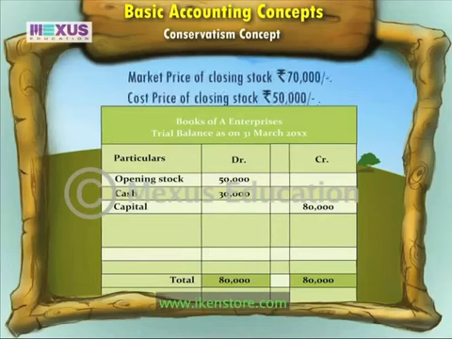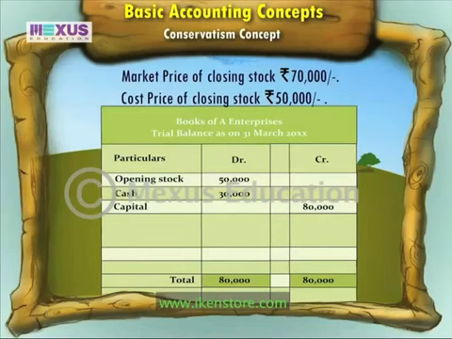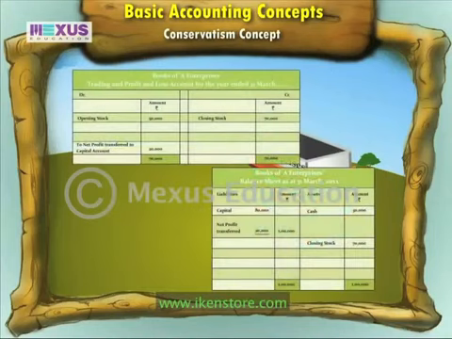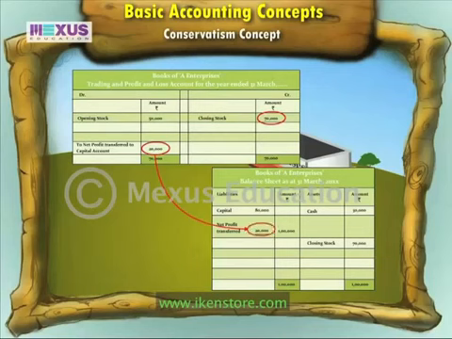Now, at the end of the year, the market price of the stock is 70,000 rupees, whereas the cost price for the same is 50,000 rupees. If the firm takes a higher value for accounting, then it is seen that even without a single transaction, the company owes Mr. A a sum of 1 lakh rupees instead of the original 80,000 rupees.